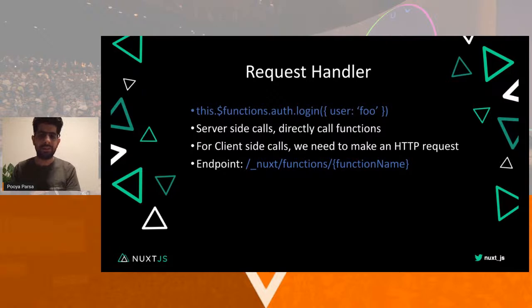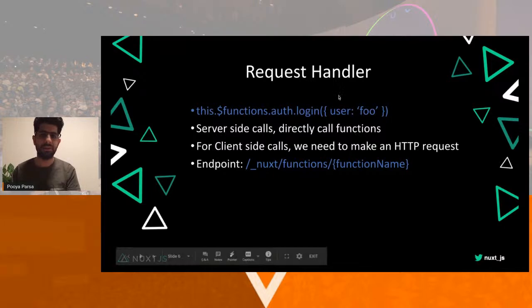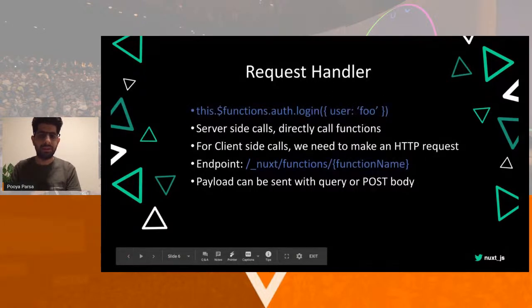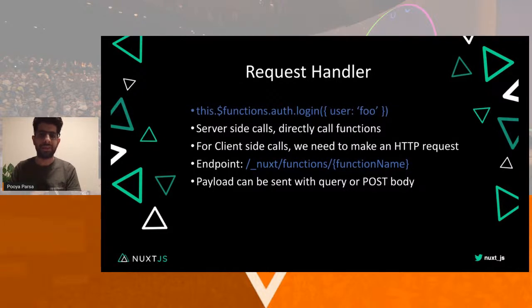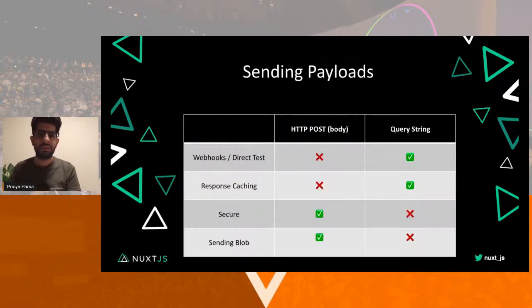And you also need to pass the arguments that you are calling this function with, the user object, to the payload. So we have two options for sending the payload, which are query parameters or HTTP post, each of which has its own cons and pros.